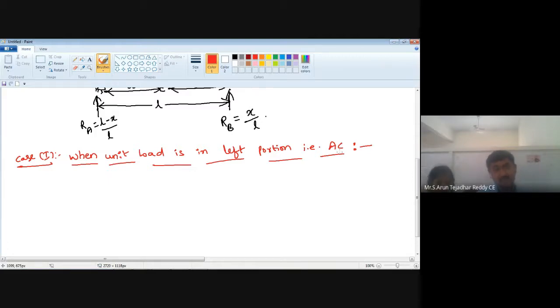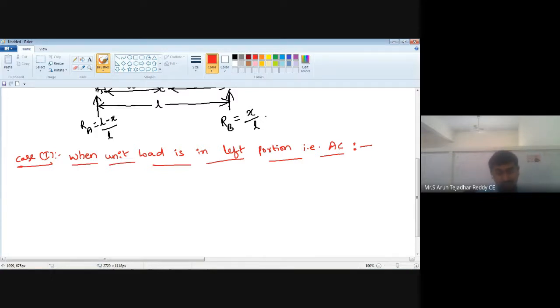And what is our second case? Second case is when the unit load is in the right portion, that means CB. First of all let me complete the first case. After that we'll go for the second case.